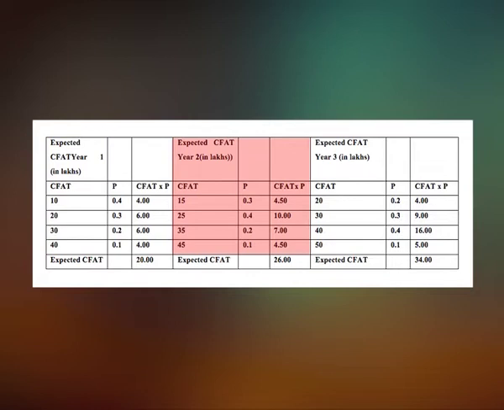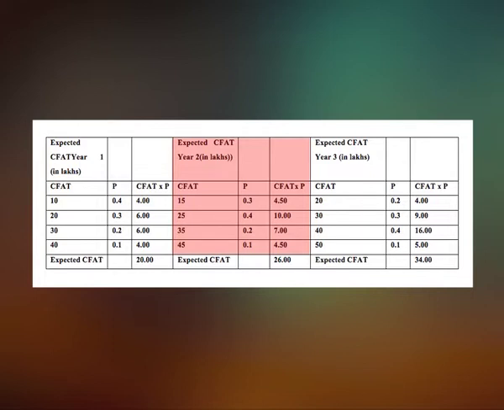Similarly, the expected cash flow after tax for year 2 in lakhs is given as CFAT 15, probability 0.3, the product is 4.50. Then 25, probability 0.4, then CFAT into P is 10. CFAT 35, probability 0.2, then CFAT into P is 7.